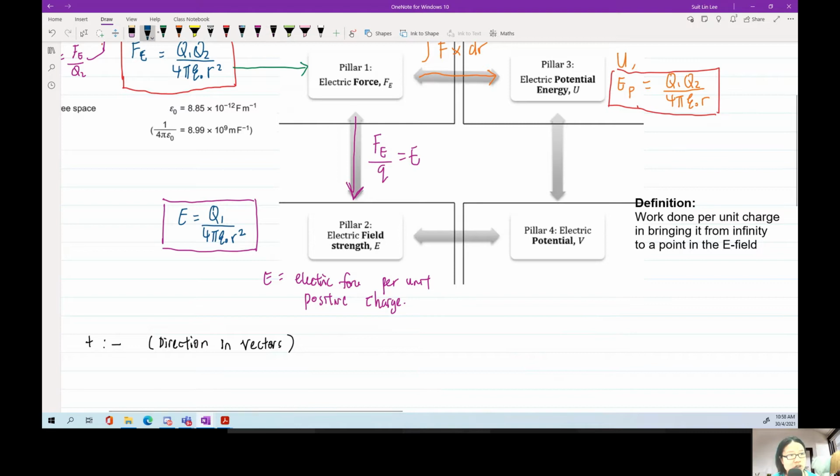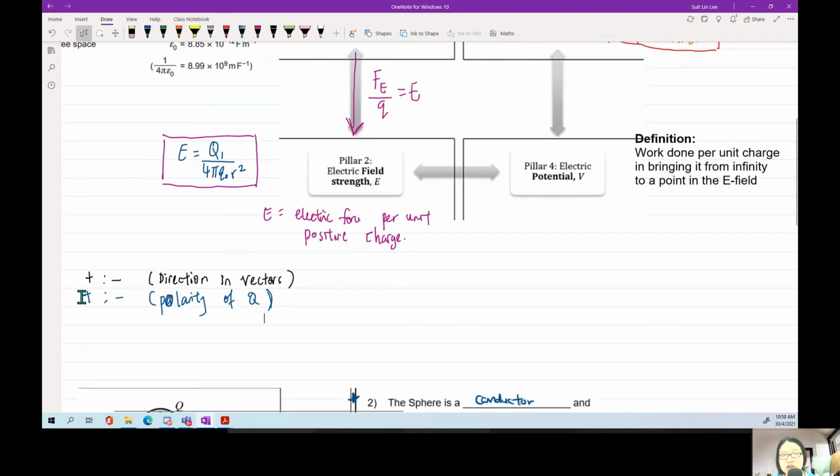So direction in vectors, we can use positive, negative. Now we are dealing with point charges. Positive, negative can also have something to do with the polarity of Q. You have the positive charge, you have the negative charge. We can call it other things, charm and strange, up and down. Remember? But we use positive, negative, or rather the scientists decided to use it, so we're stuck with it now. But this positive, negative also has something to do with work done.